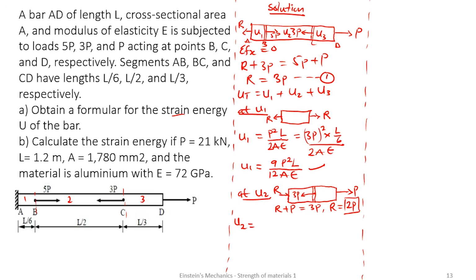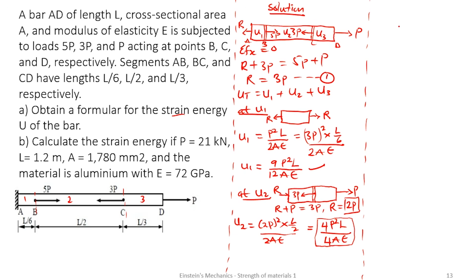U2 is equal to the force squared, which is 2P, multiplying the length. What is the length of BC? L on 2, over 2 times AE. And I'm going to get my final result to be 4P squared L on 4AE. So this is U2.